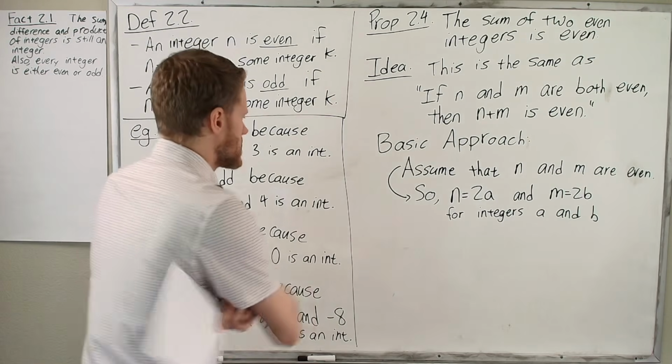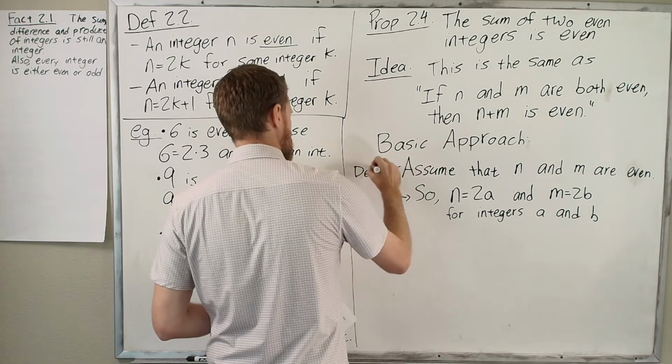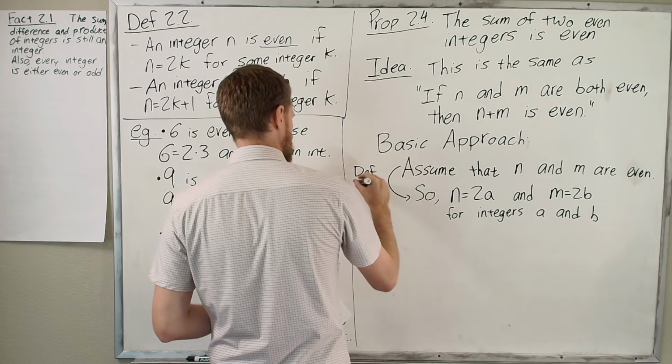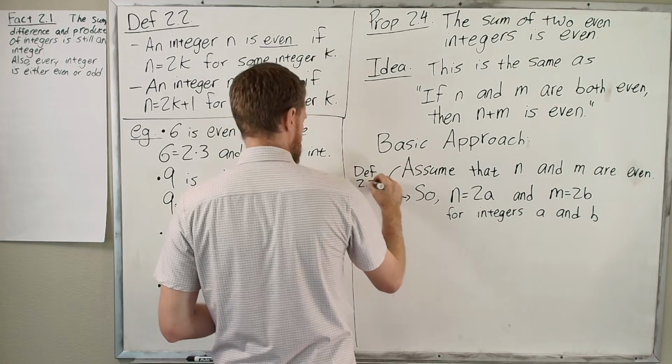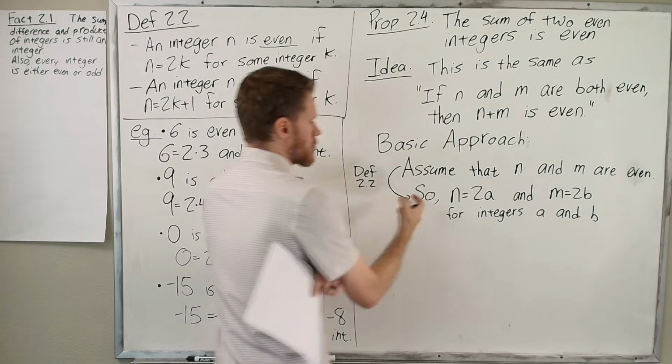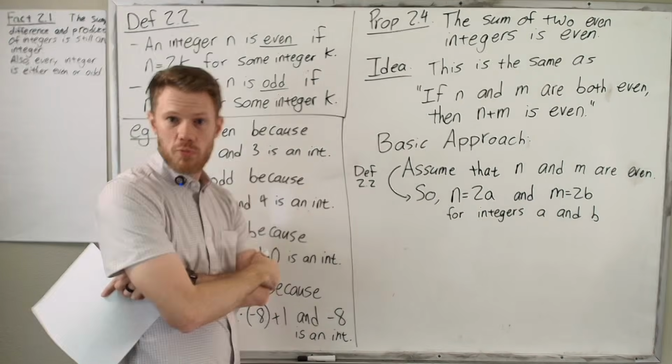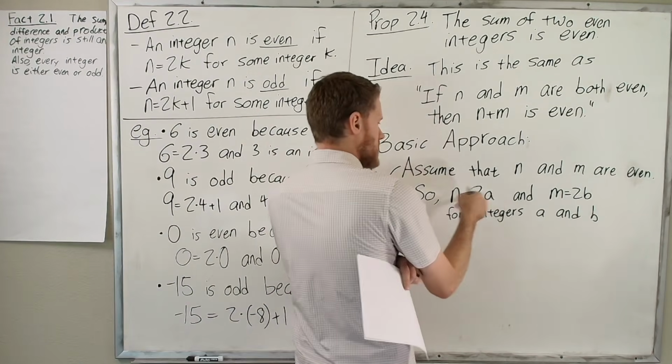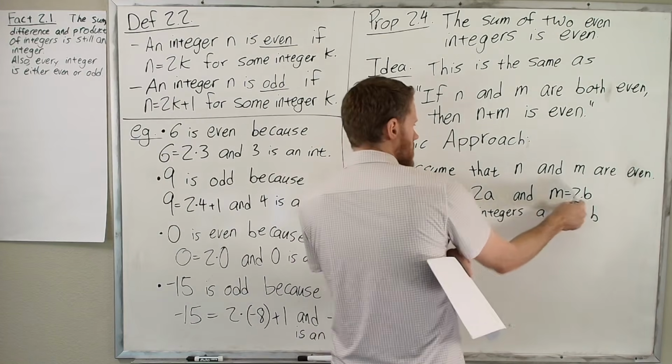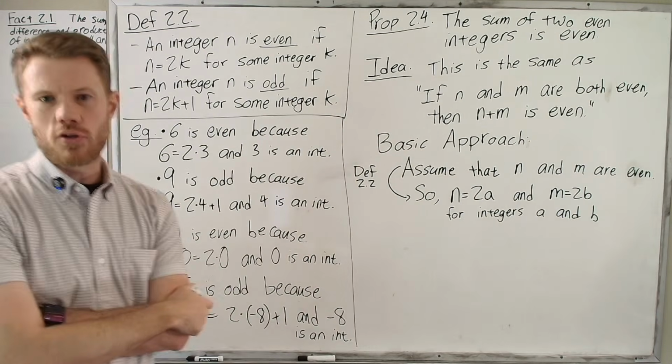Then using the definition of an even number, so that's definition 2.2, we can write them in this new way. Therefore, n must be 2 times some integer, and m must be 2 times some integer. Okay?